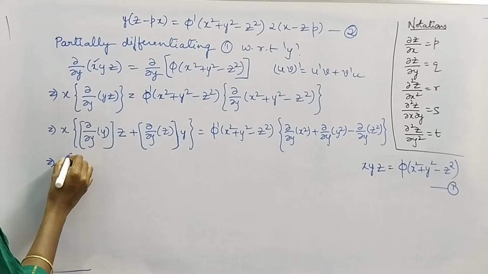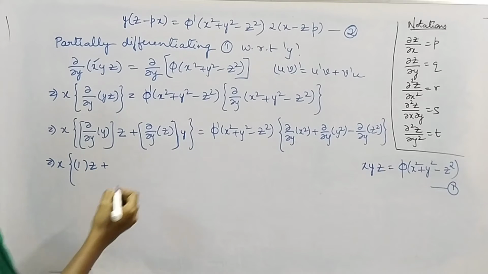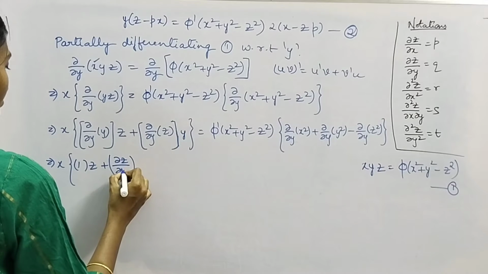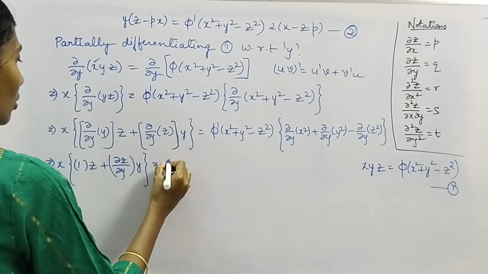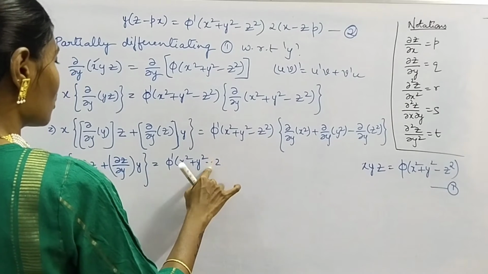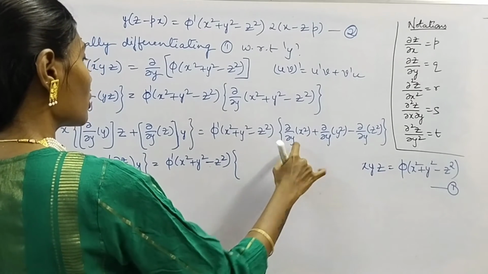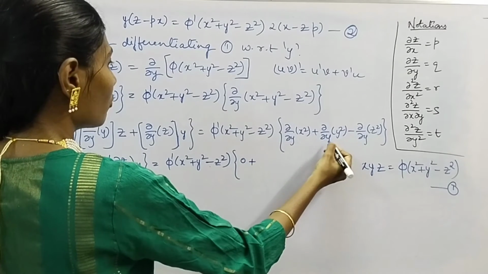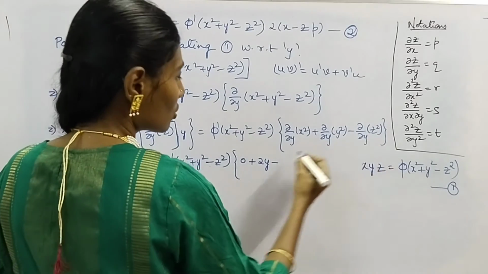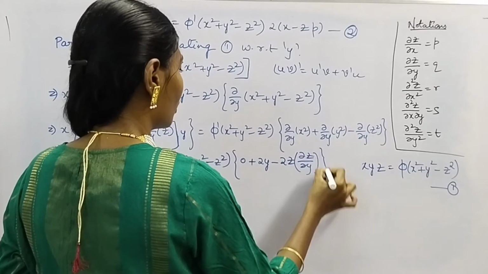This gives us x times the partial derivative of y with respect to y, which is 1, into z, plus the partial derivative of z with respect to y, which is dou z by dou y, into y, equal to phi dash of x square plus y square minus z square into the partial derivative of a constant with respect to y, which is 0, plus the partial derivative of y square with respect to y, which is 2y, minus the partial derivative of z square with respect to y, which is 2z into dou z by dou y, right?